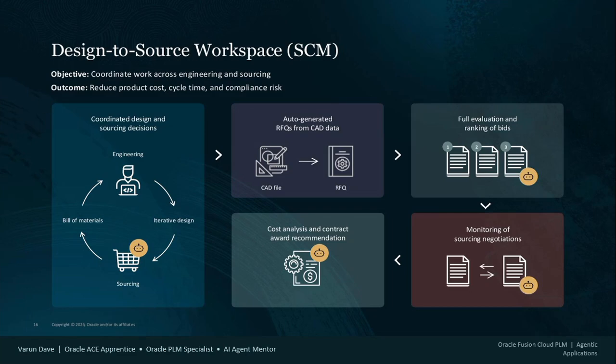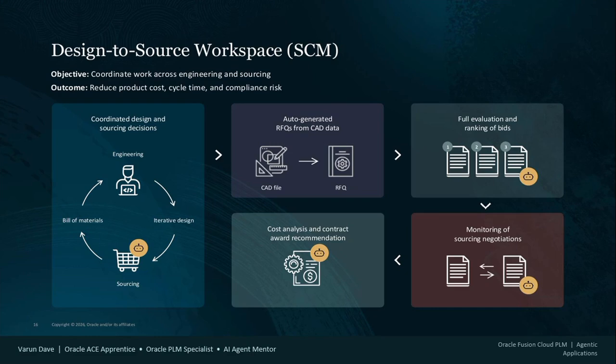Now let's discuss the full end-to-end workflow of the design to source workspace. It starts with coordinated design and sourcing decisions, with engineering and sourcing working from the same data, with the AI maintaining alignment between the iterative design changes and the BOM. That feeds into auto-generated RFQs from CAD data.